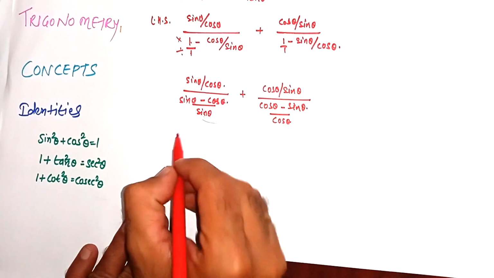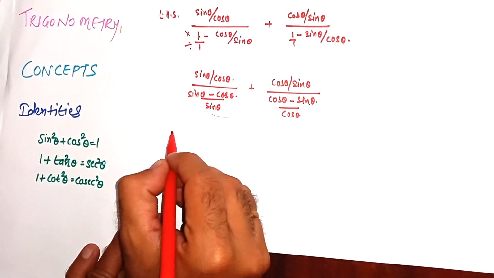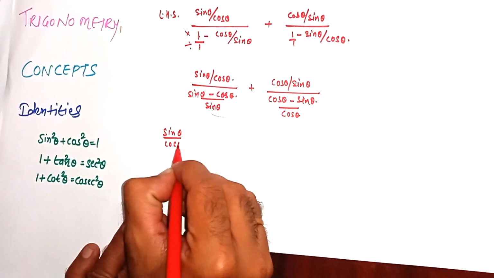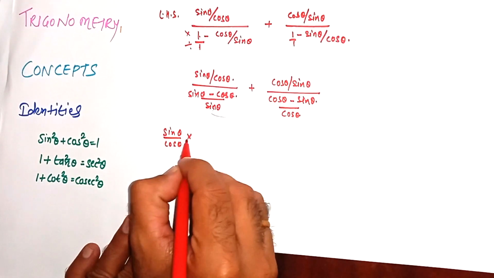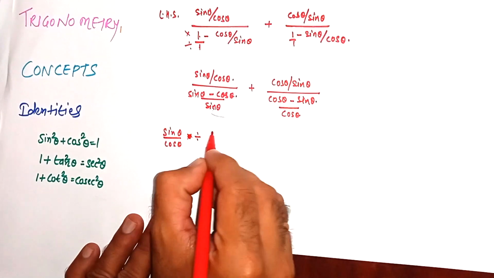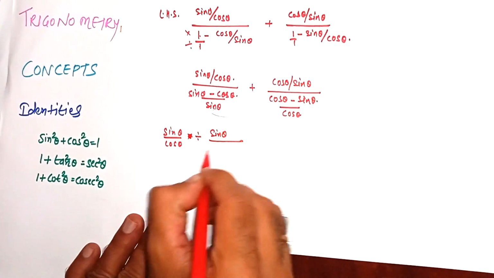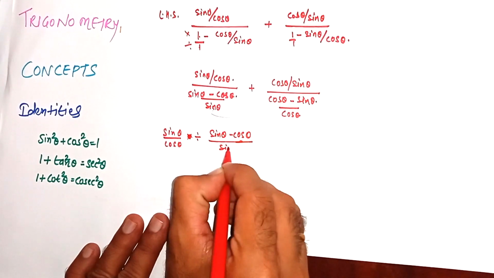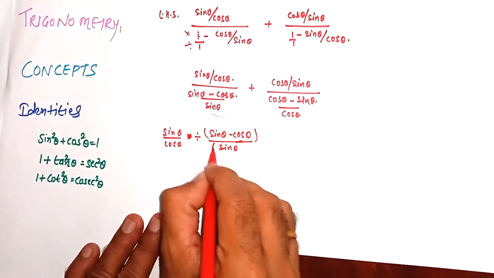Now let's write it in the simple way. Again, this is sin theta over cos theta divided by sin theta over sin theta minus cos theta over sin theta. Let's put it into brackets.